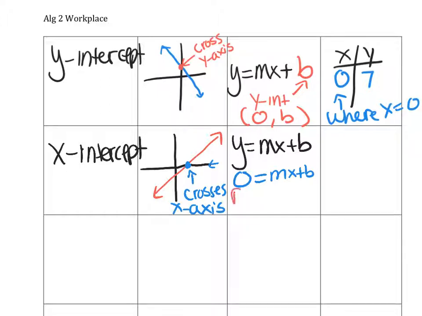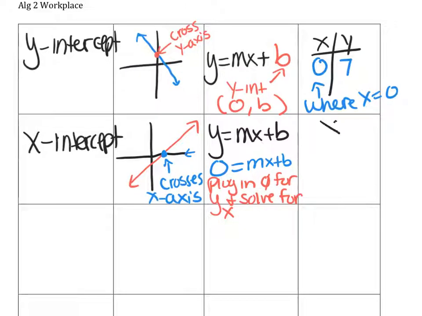So plug in 0 for y and solve for x. And so for our table, if I was trying to find my x-intercept, what would I look for? Yes, when y is 0.